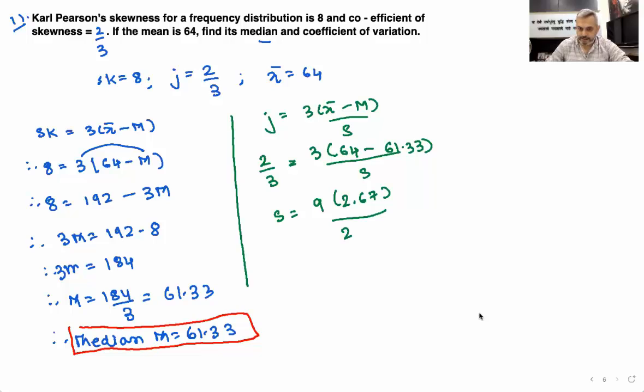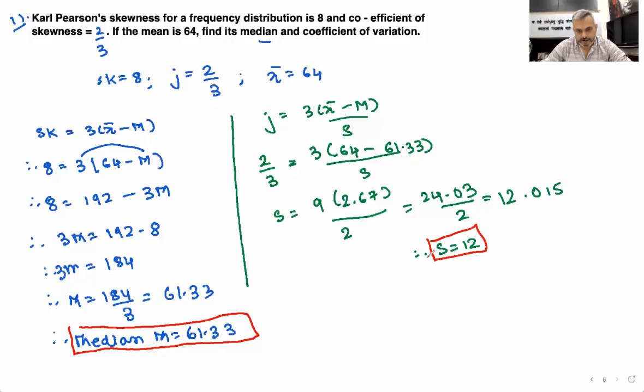So it is 9 into 2.67, which is 24.03 upon 2, which is equal to 12.015. So which we take as 12. So therefore standard deviation is equal to 12.